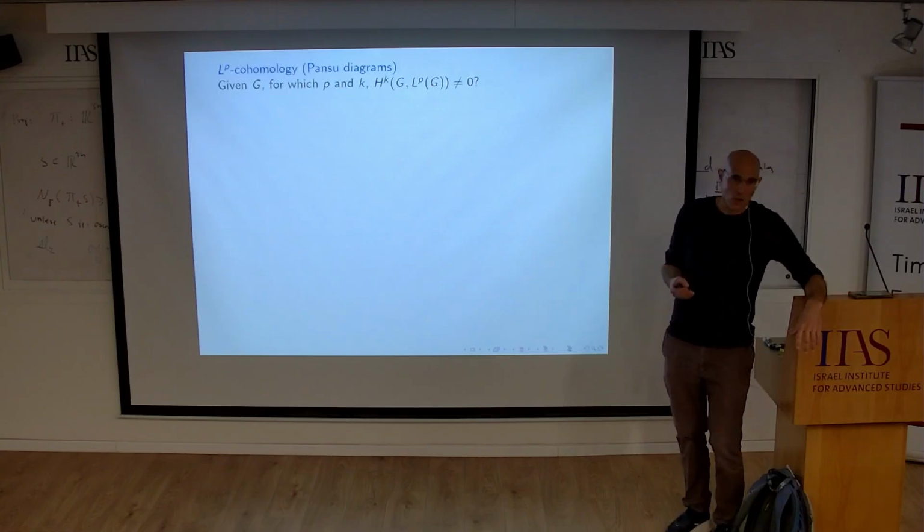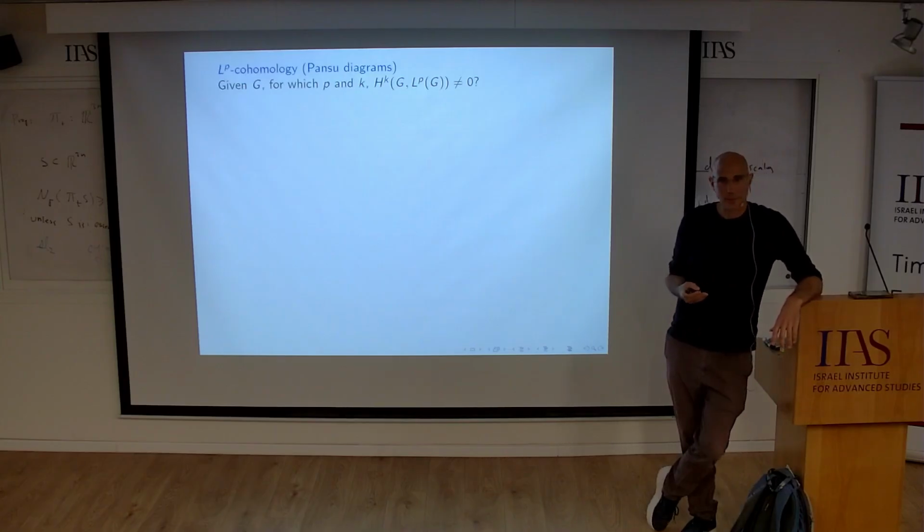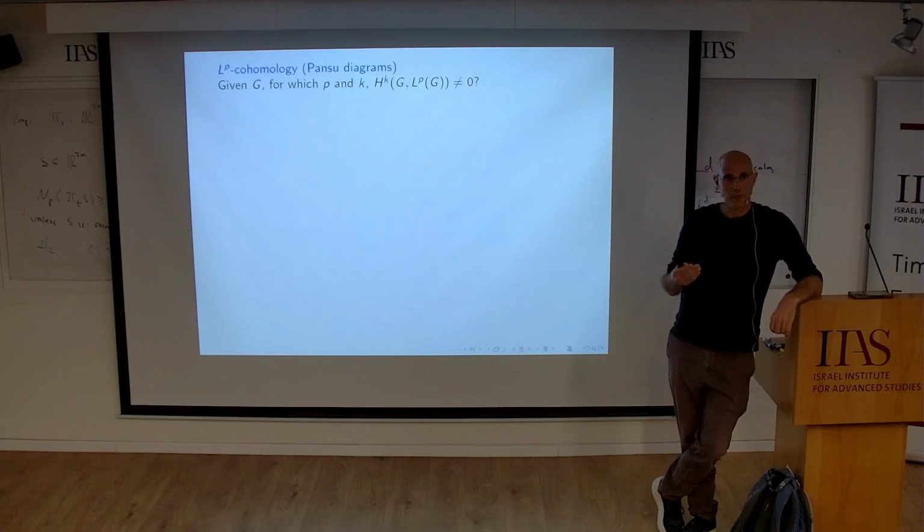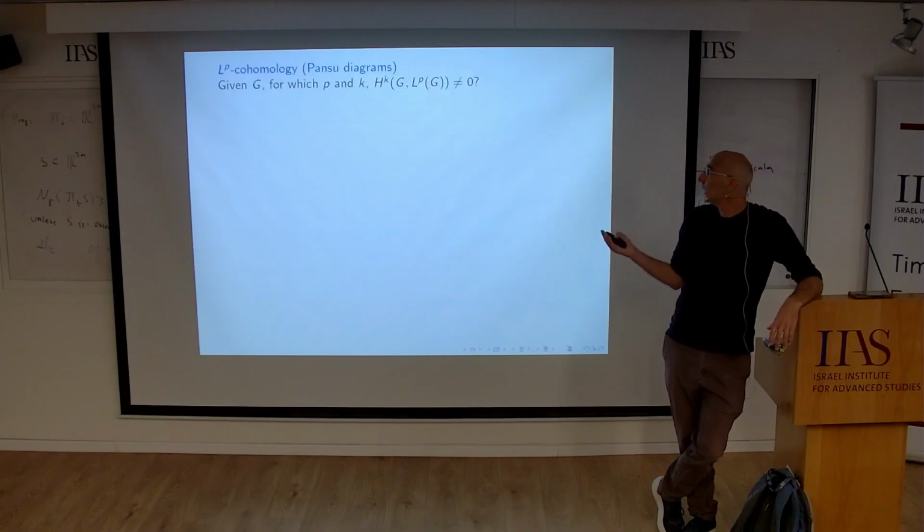When the manifold is not compact, for example a symmetric space, and I'm trying to compute the cohomology using forms with L^p growth condition, I come up with something called L^p cohomology, and it turns out that this is a quasi-isometric invariant.